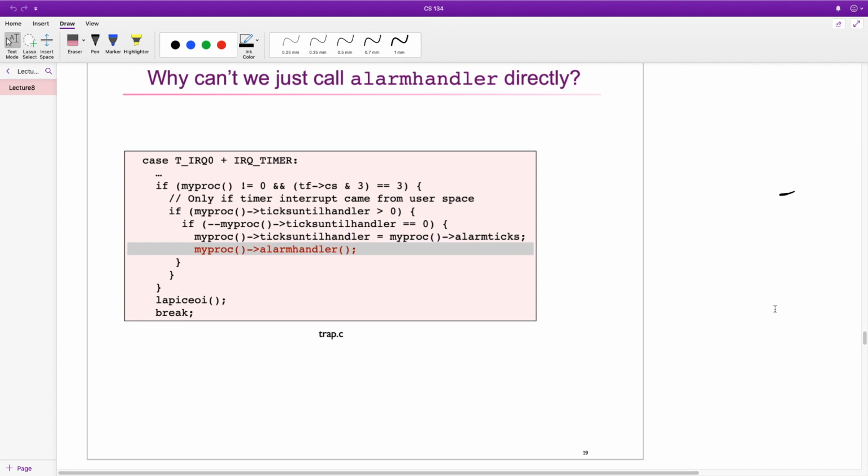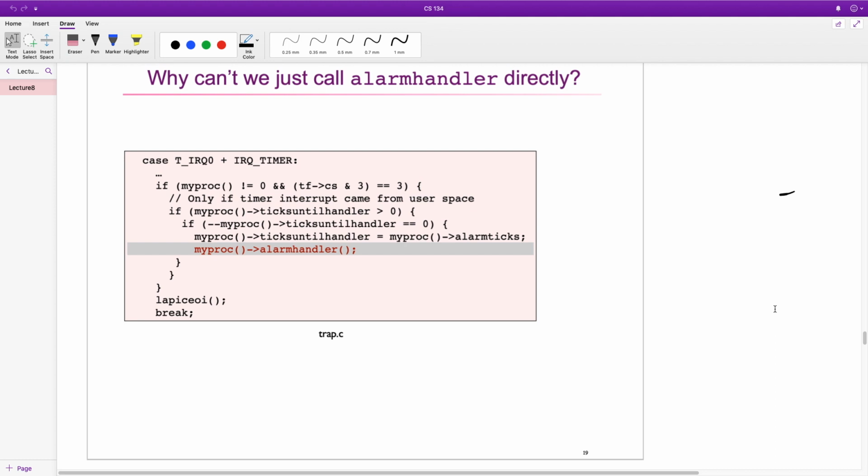Does it go to the right instruction? Does it actually get to the periodic function? Well, this is a user address, and our page table now includes the user, because it's this process's page table. So it'll go there and start executing periodic.